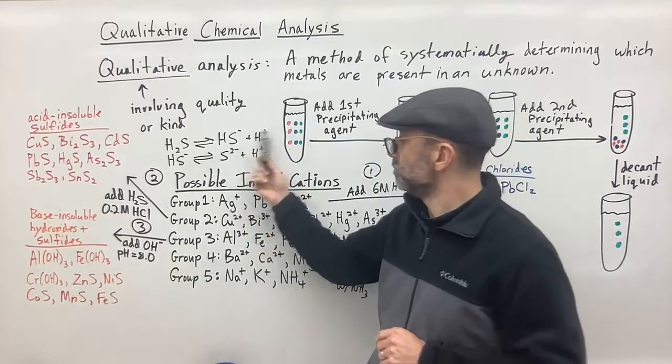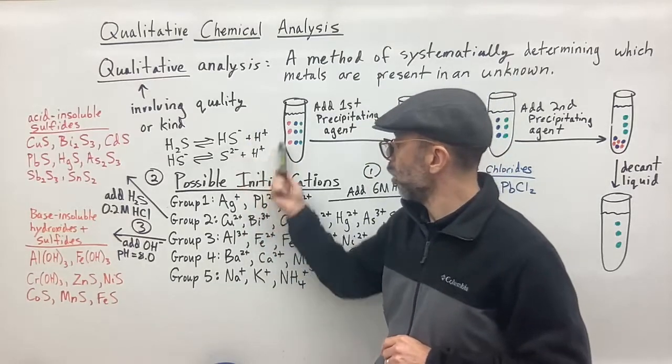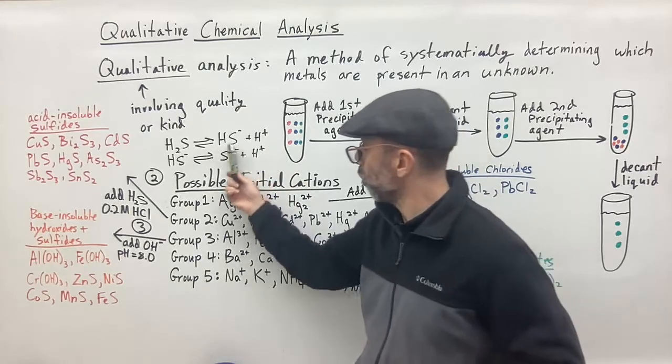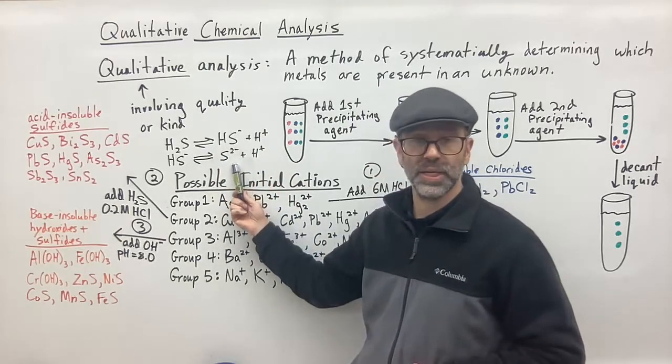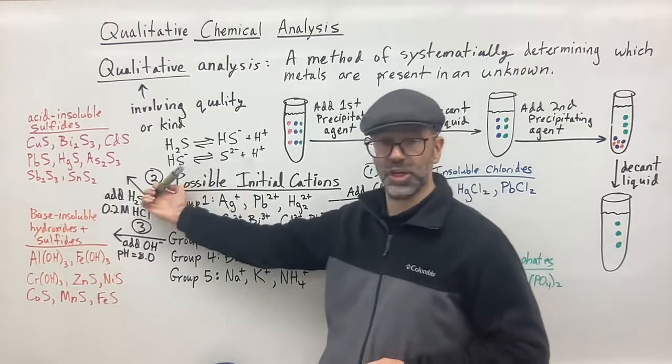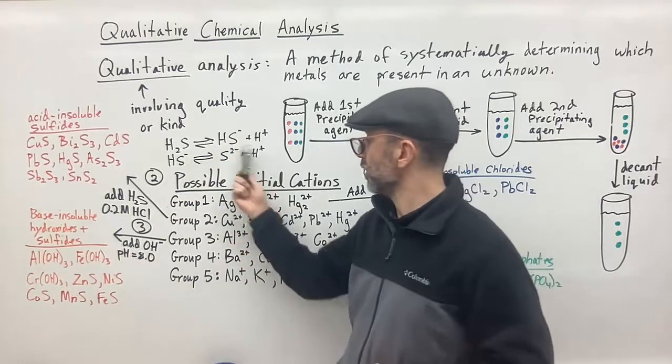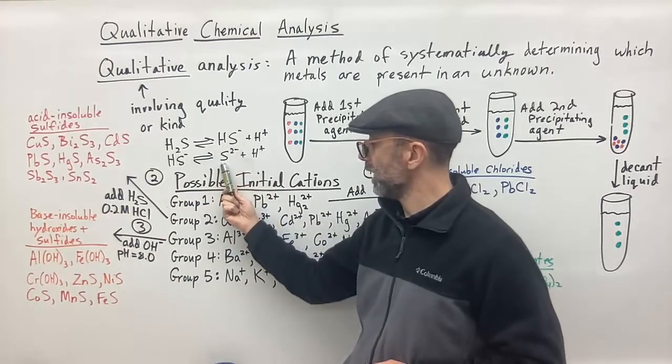Well, first, if I lower the H plus concentration, that's going to cause more sulfide ions to be created. It shifts the equilibrium towards the right and creates more sulfide ions.